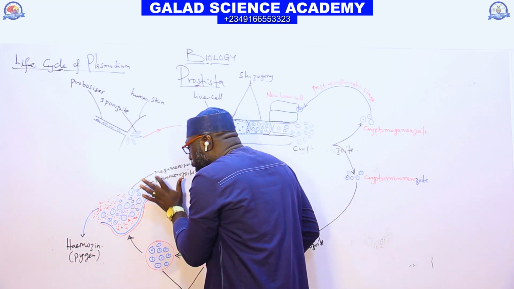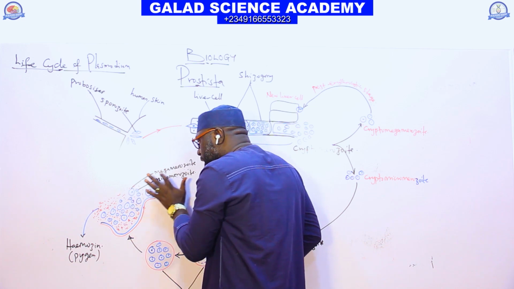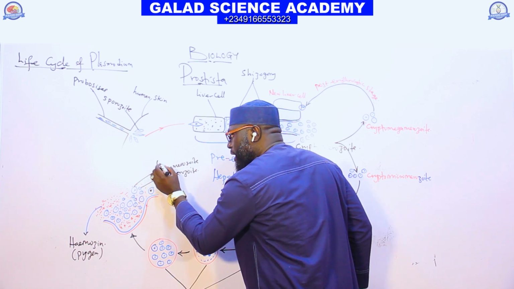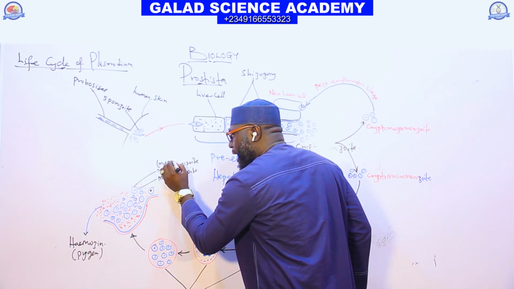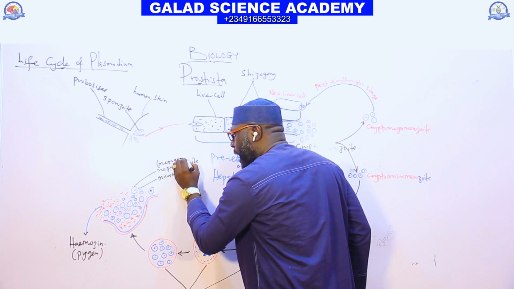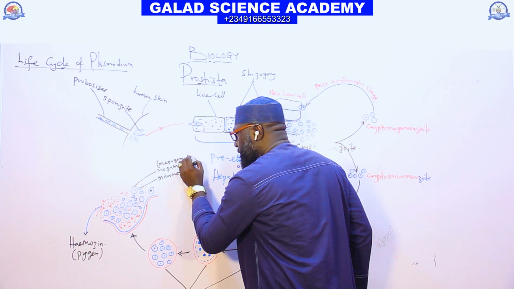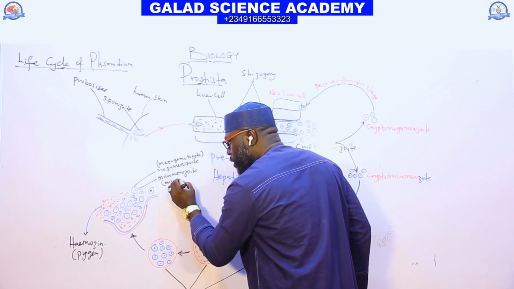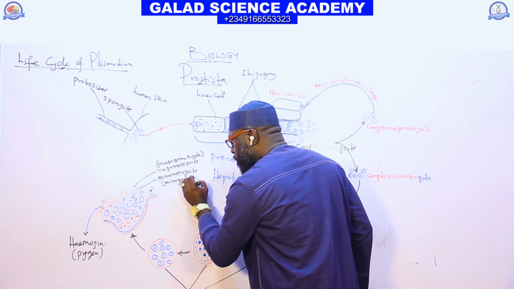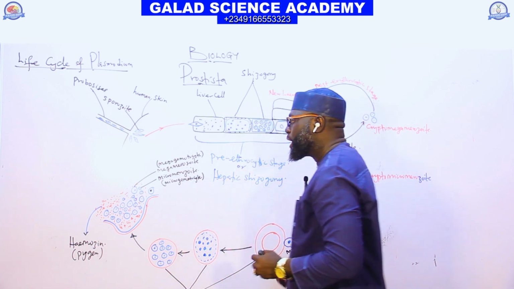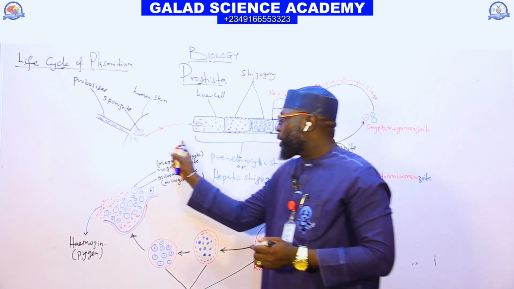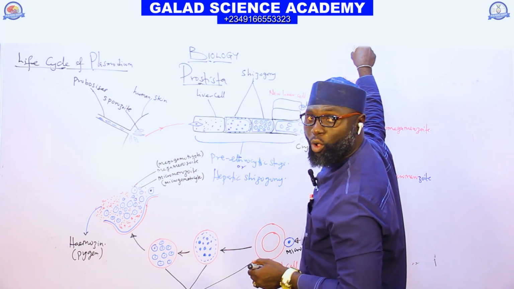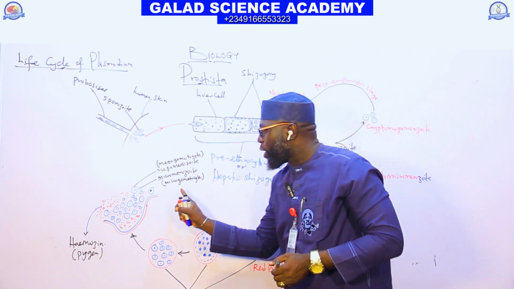And these micromerozoites and megamerozoites, this megamerozoite we can also call megagametocytes, and this one we can also call microgametocytes. So at this point is where the gametogony stage of Plasmodium starts.